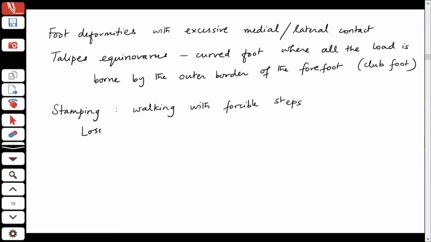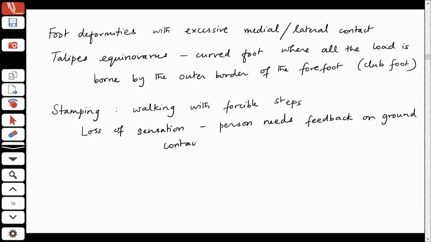So, loss of sensation could be the cause, and the person needs feedback on ground contact from the vibration or sound of impact. So, they actually have to feel it through the body basically.